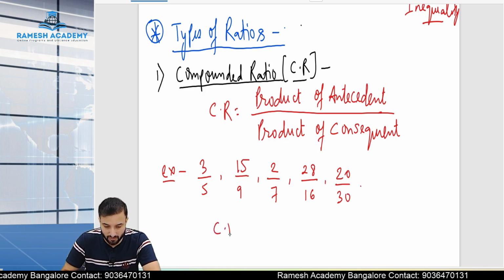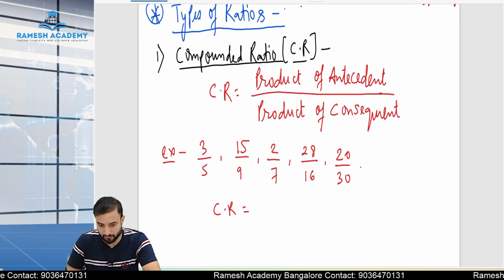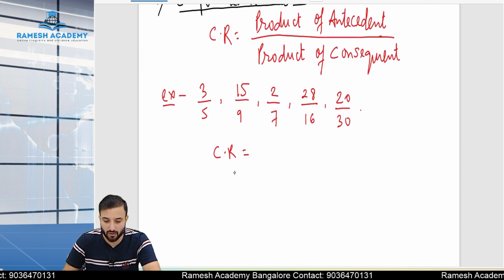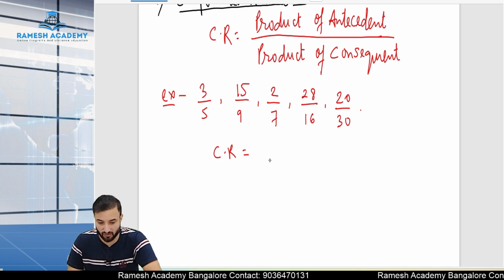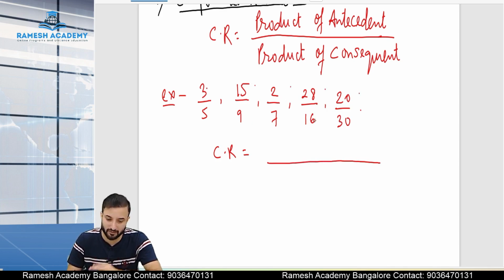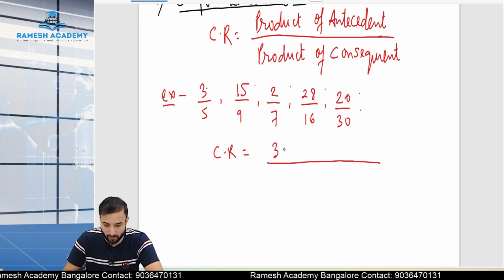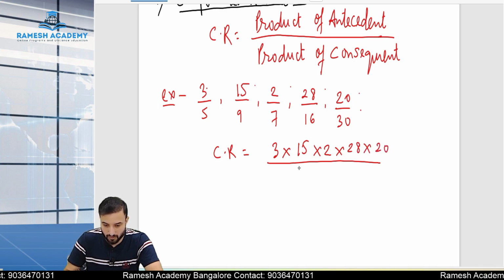So the compounded ratio is the product of antecedents by the product of consequents. See, antecedent means the numerator and consequent means the denominator. So the product of antecedents means the product of numerators, 3 into 15 into 2 into 20, and the denominators 28 into 20, and 3, 15, 2, 20.